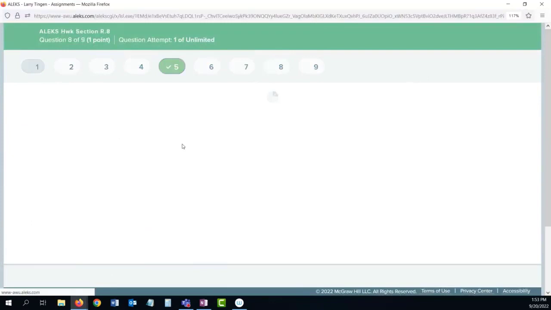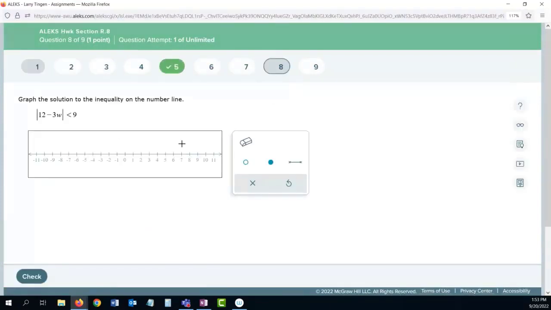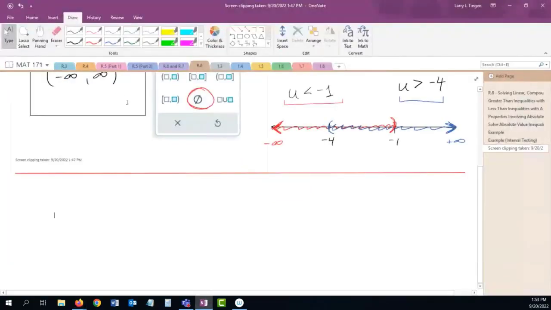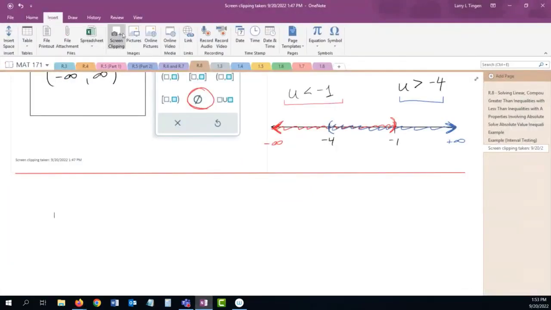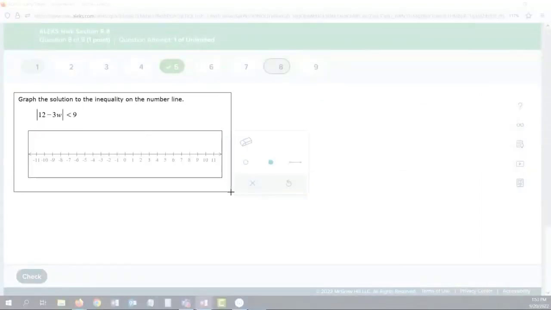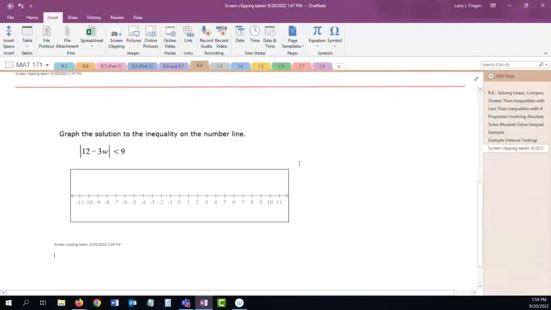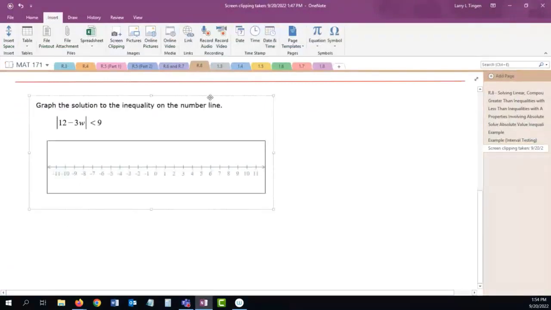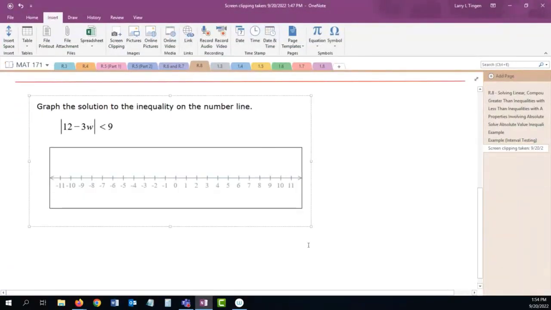Question 8 says, graph the solution on the number line. I've got a feeling this is more of a data entry problem than a mathematical one.